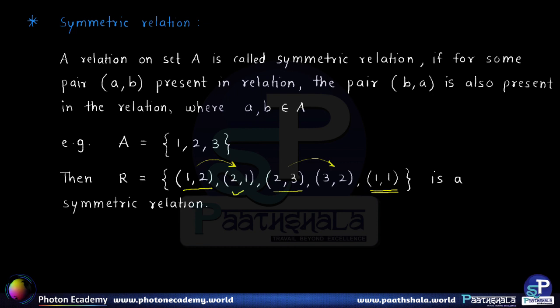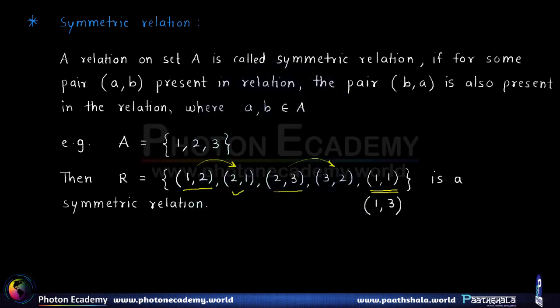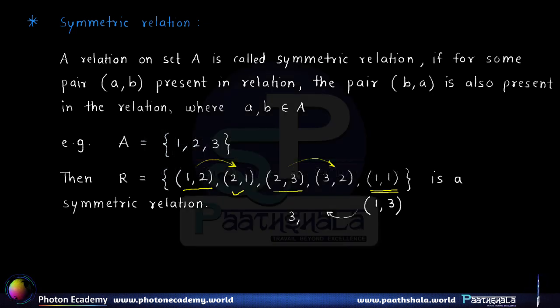Now let us assume that I add one pair, say (1, 3), in this relation. Will it be a symmetric relation? Although the symmetry of the remaining pairs has already been checked, the answer is no, because for (1, 3) we also need its corresponding pair (3, 1) to be present.